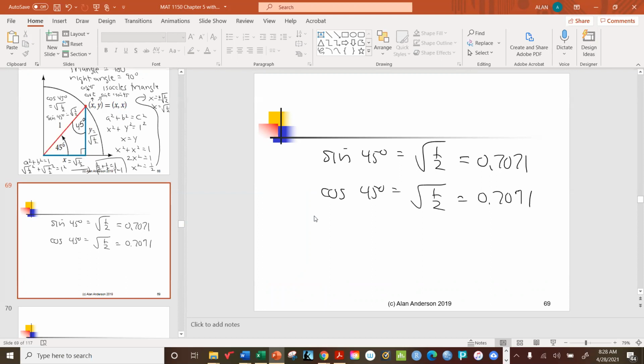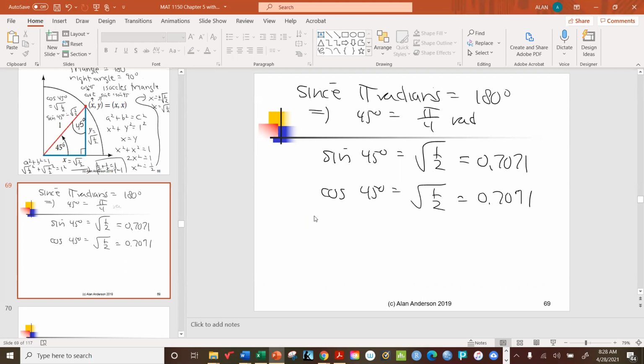And just as a quick reminder, you might recall that pi radians is 180 degrees. That implies that 45 degrees is pi over 4 radians. So if you want to do radians, then this would imply that the sine of pi over 4 is radical 1/2.